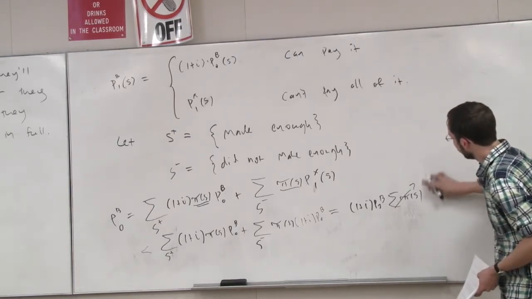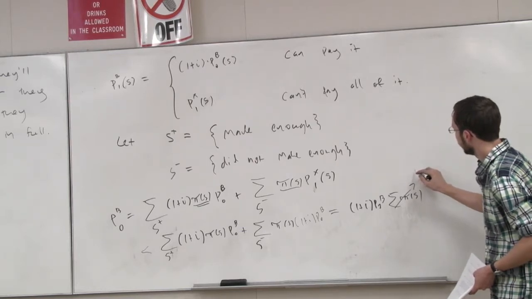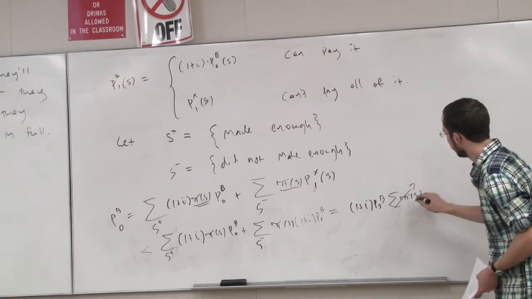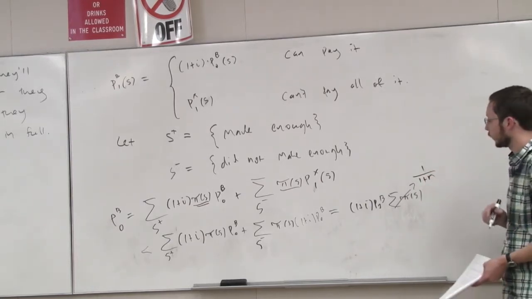Sorry, instead of 1 it should be 1 over 1 plus r. Right, the sum of the pi s's was 1 over 1 plus r.